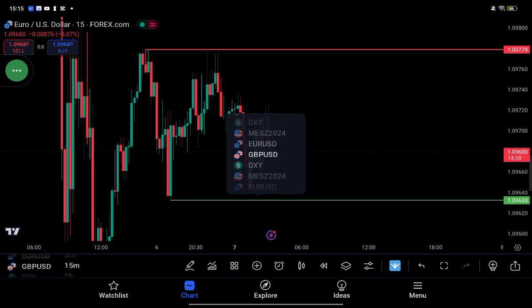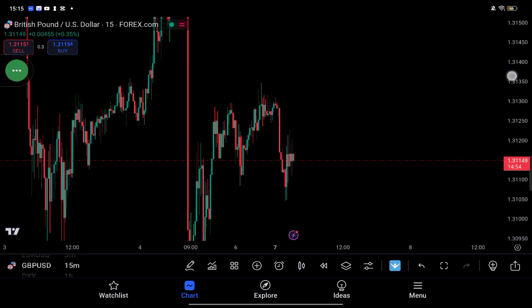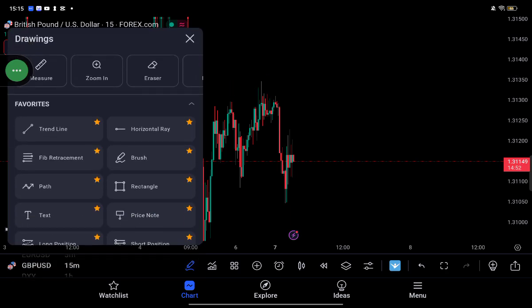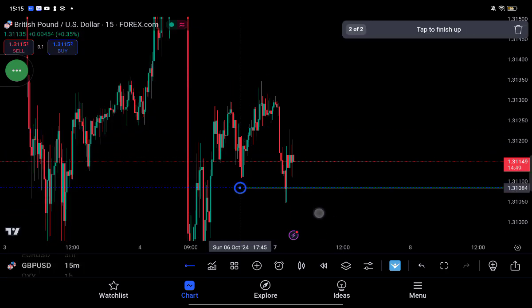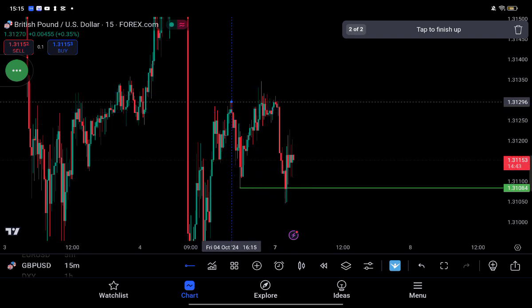And let's have a look at GBP. GBP cleared sell side here. And it also cleared buy side here already. So here the buy side is cleared also.